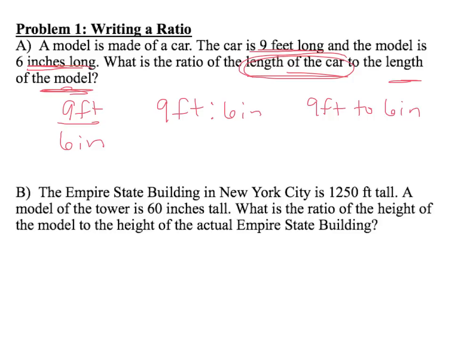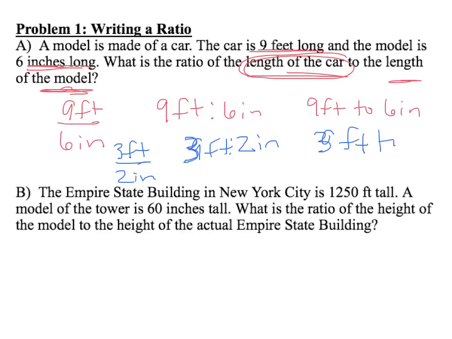So when I look at 9 and 6, both of those numbers can be divisible by 3. So I could either have 3 feet over 2 inches, or 3 feet colon 2 inches, or 3 feet to 2 inches. All of those are the same.